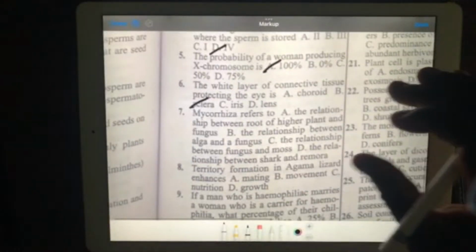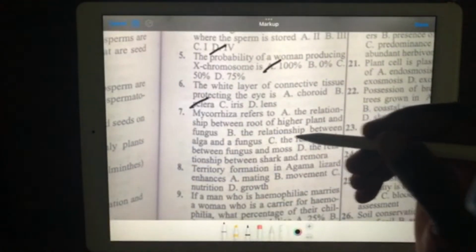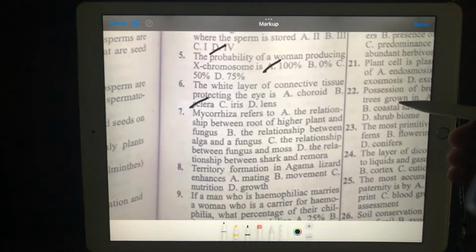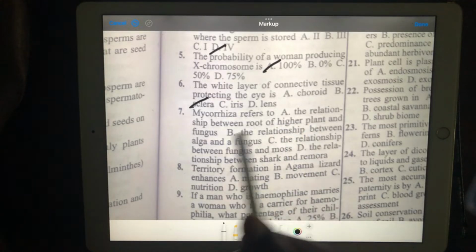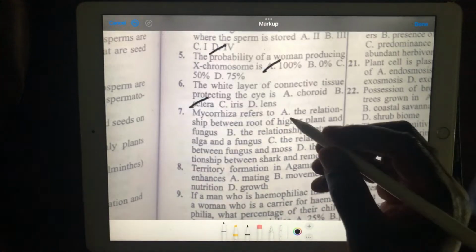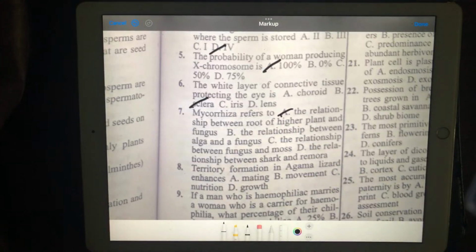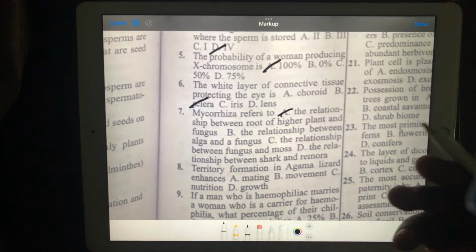The next question says mycorrhiza refers to, mycorrhiza is an association between the roots of higher plants and fungi. That's exactly option A. Don't confuse mycorrhiza with lichen. Lichen is an association between algae and fungus.